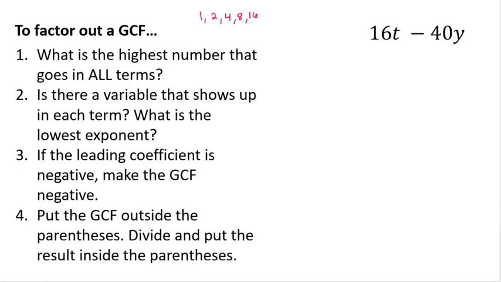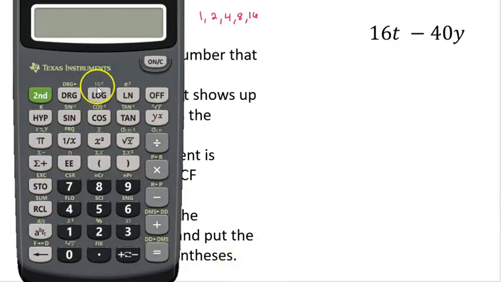So what I'll do, instead of even listing them out, I just start putting them into my calculator. So I'm going to see if 16 goes into 40. So 40 divided by 16. That doesn't work. It ends up being a decimal, so it doesn't go in equally. So now I'm going to say 40 divided by 8.